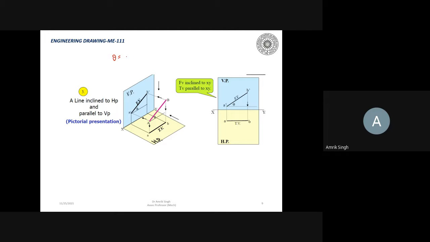So always remember this inclination with HP. This is standard, so you have to remember it like this. And phi will be the case we'll see in the next slide. This will be the inclination with VP.